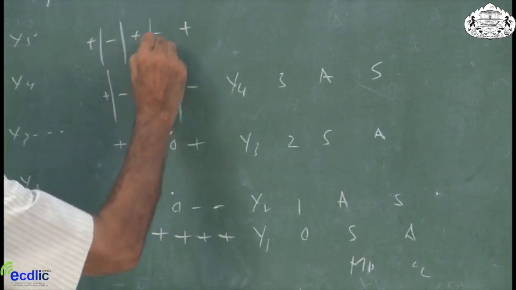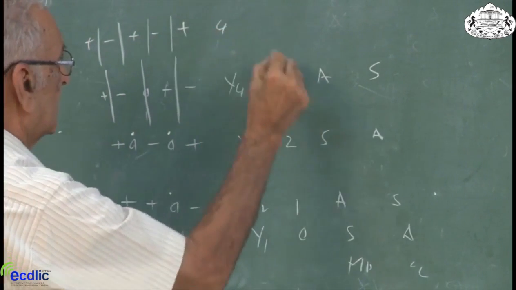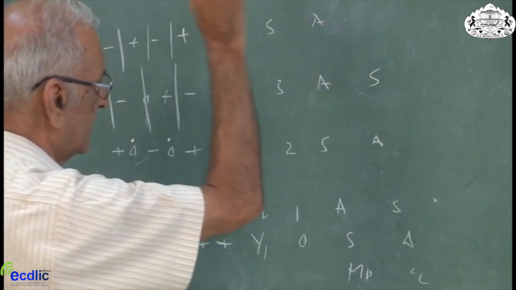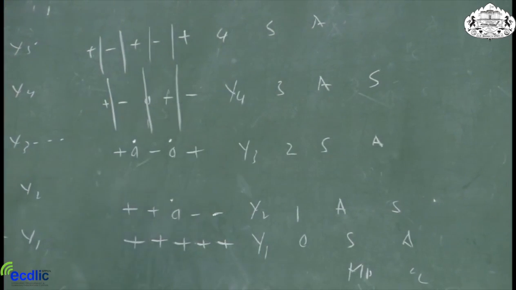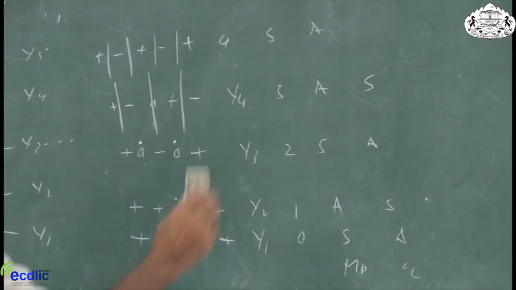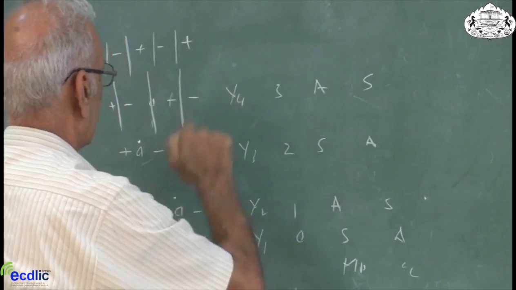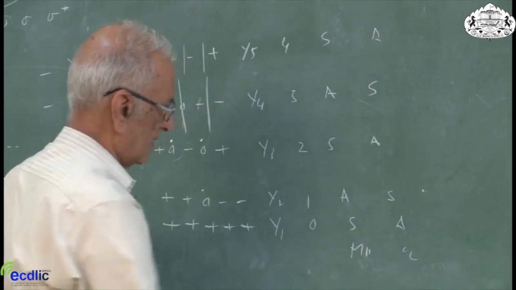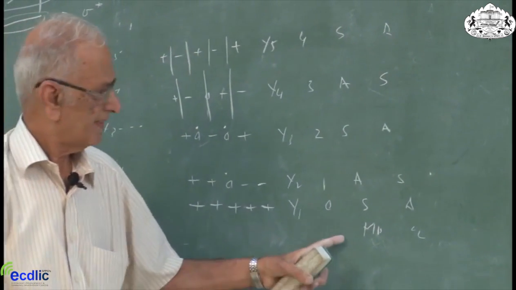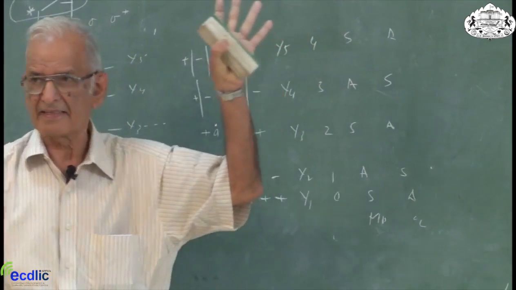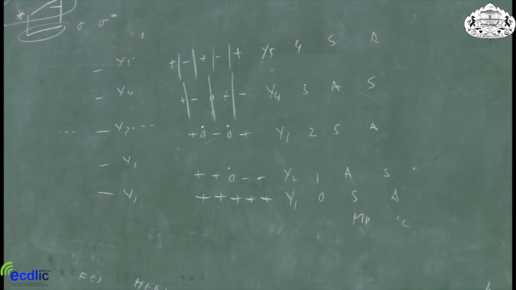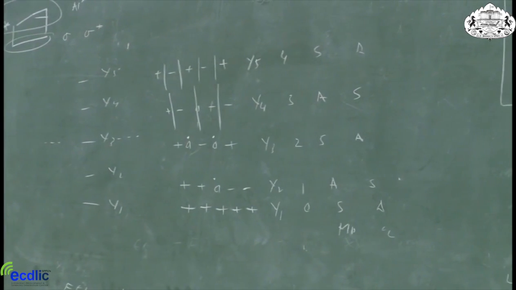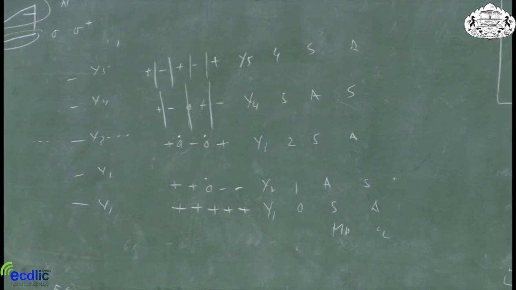One node, two nodes, three nodes, four nodes. Mirror plane symmetric. What do you see? S, A, S, A, S. Even if you can't write the orbitals, you can draw the picture. Very easy.